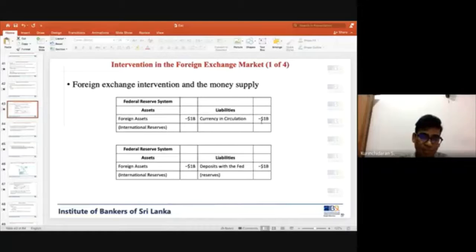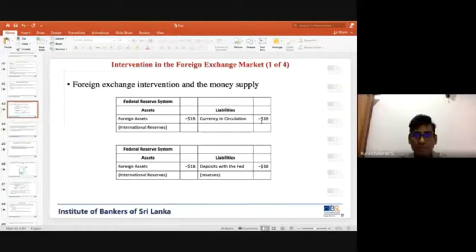They sell foreign assets, then buy rupees, right? So you have to see in the liabilities what is going to happen. Now you have to understand, when it comes to money supply, if the central bank issues currency, those are liabilities of the central bank. So currency in circulation is a liability of the central bank, right?